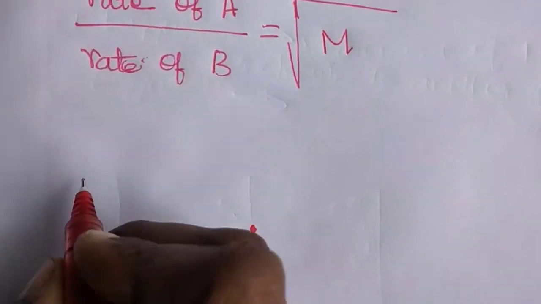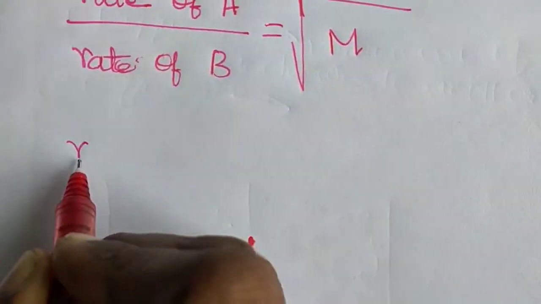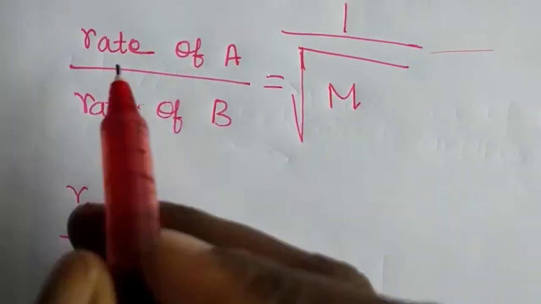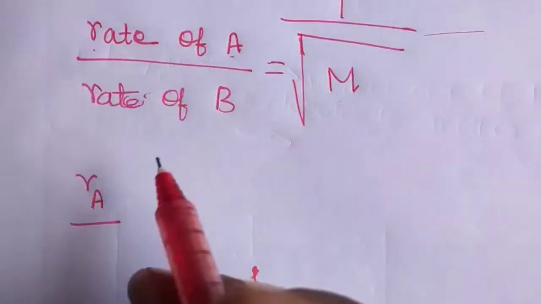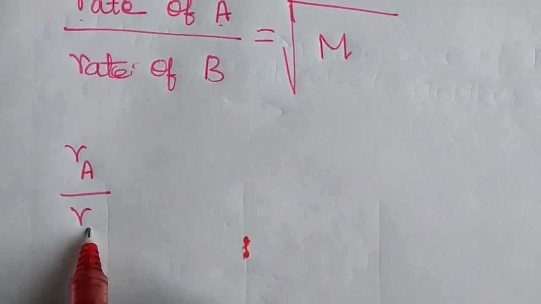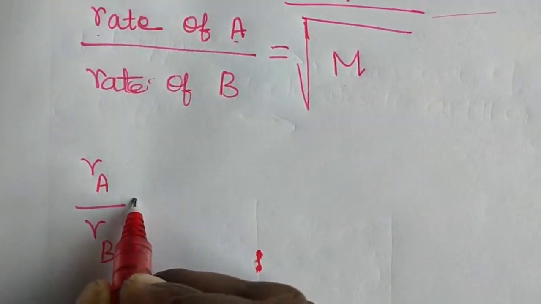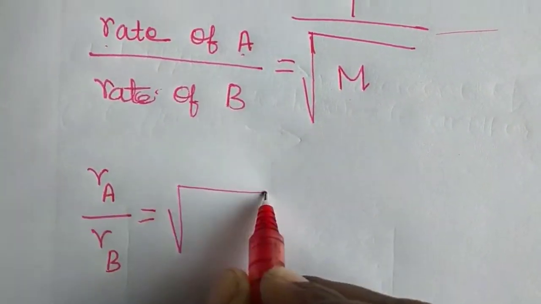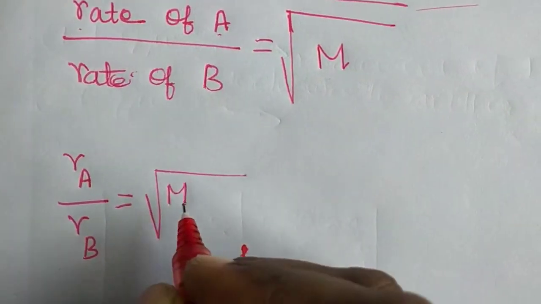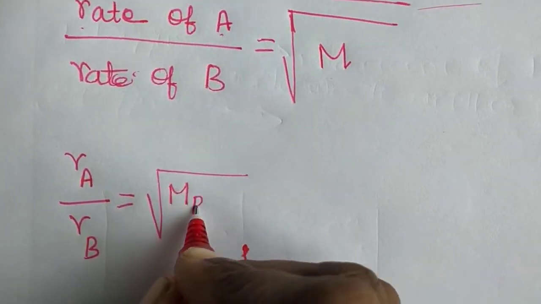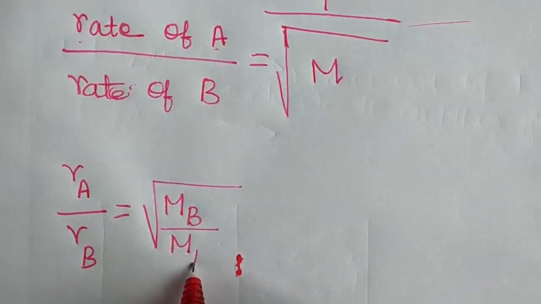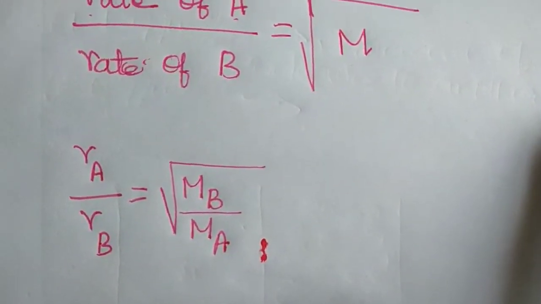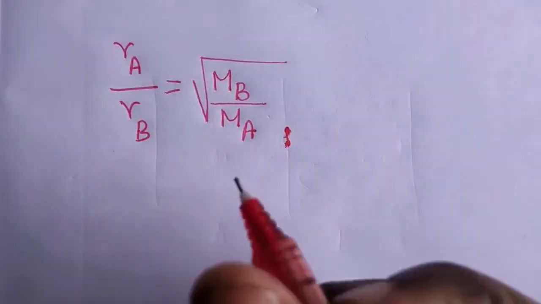Now we can write this as RA divided by RB, the rate of gas A divided by the rate of B, equal to the root of molar mass of B divided by molar mass of A.